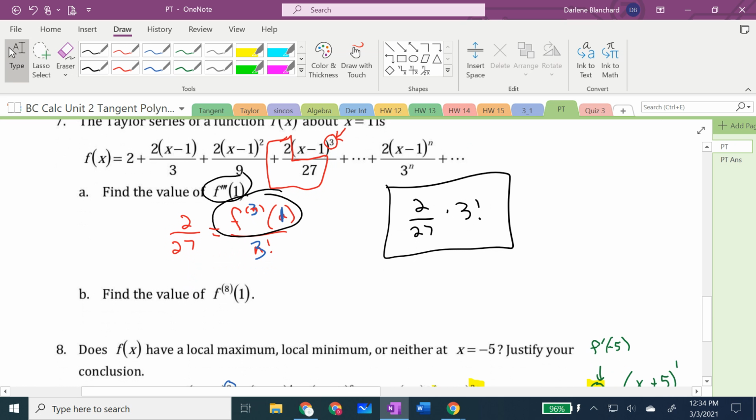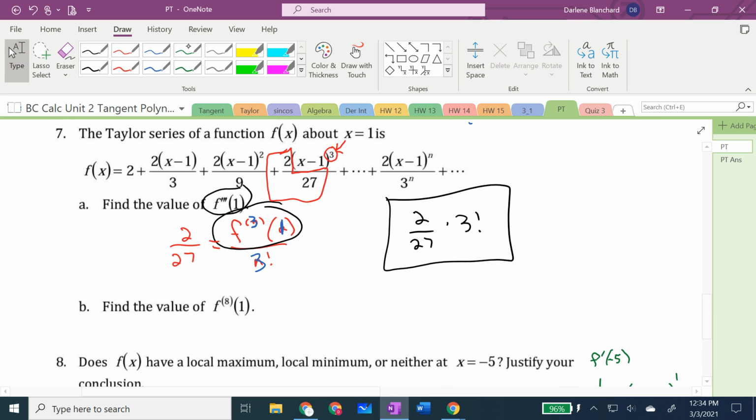To find the 8th derivative at 1, you want to realize that that means you need the number 8 to be the n in a term. That means the coefficient is, with an 8 plugged in, 2 over 3 to the 8th power, and set that equal to the coefficient formula, the 8th derivative at the center divided by 8 factorial.